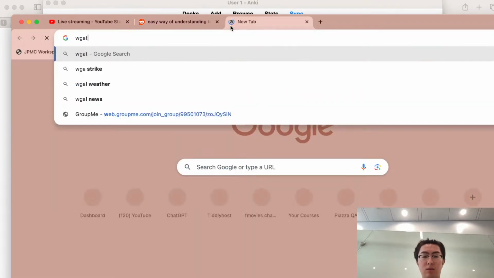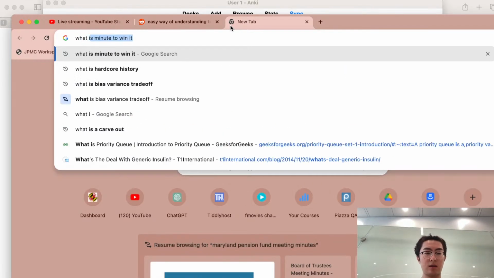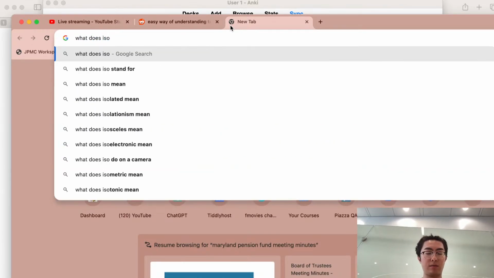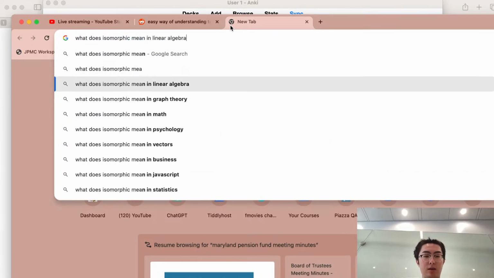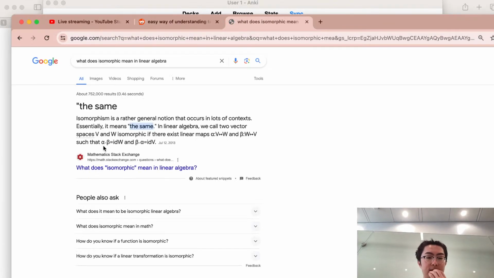Okay, what does isomorphic mean in linear algebra? Same. If there exist linear maps A, V to W, okay.